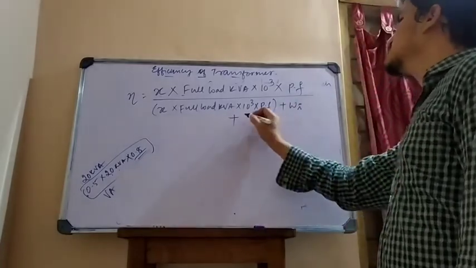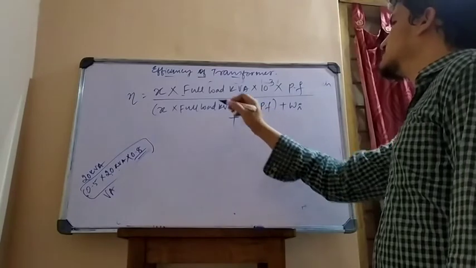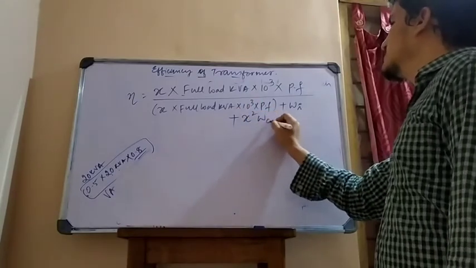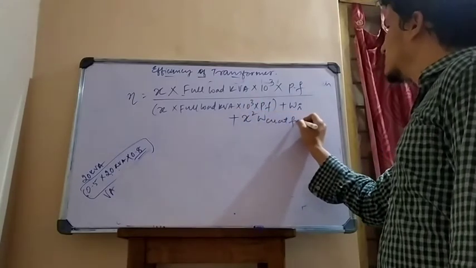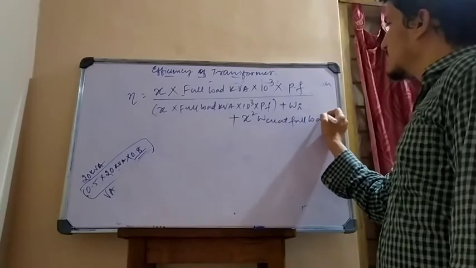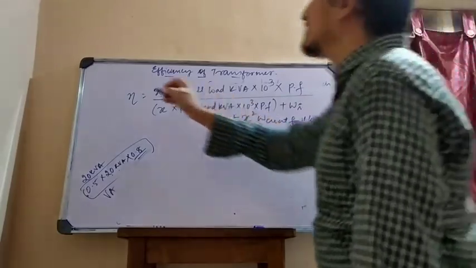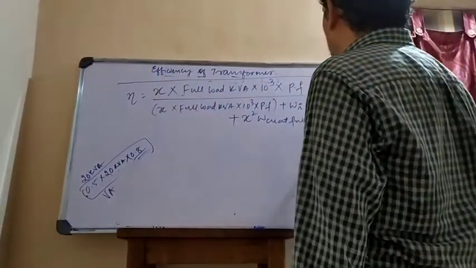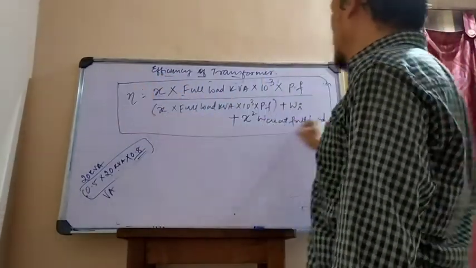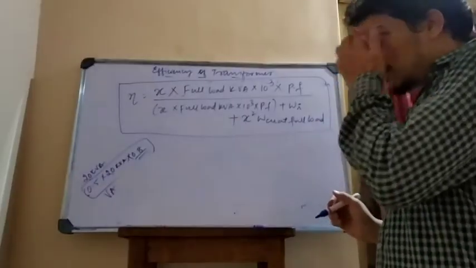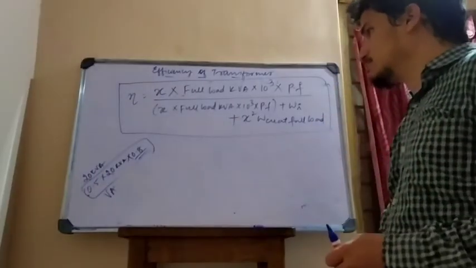But copper loss is directly proportional to the square of the load. So X square into WCU at full load, that means copper loss at full load into X square. This is the formula that we use to solve numerical problems on the efficiency of the transformer.